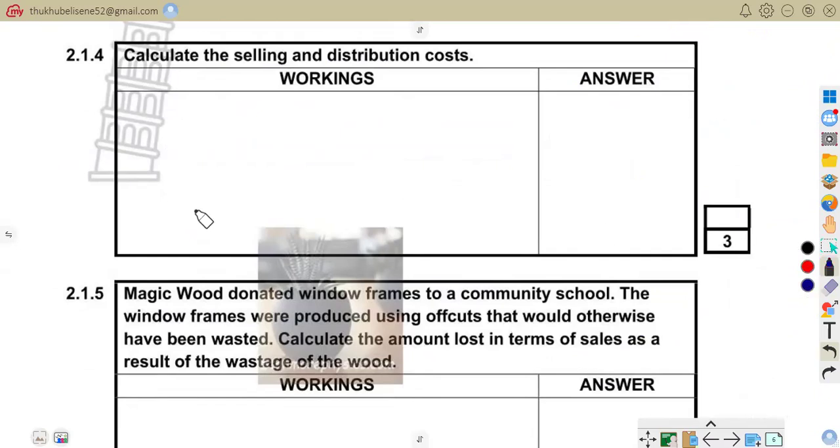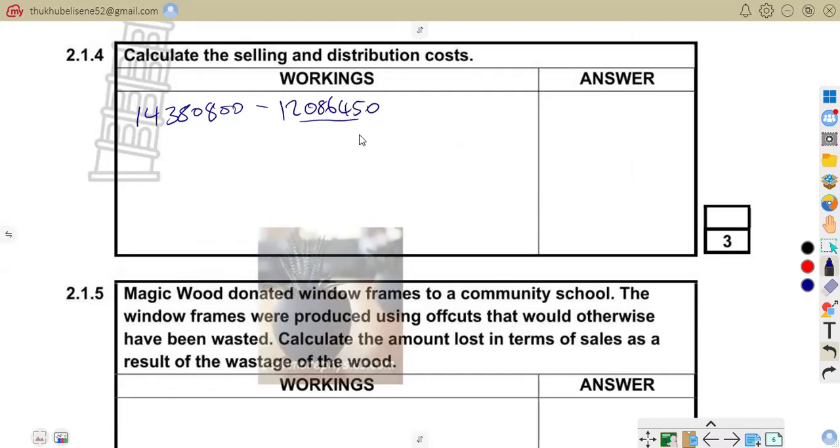So meaning we are going to say 14,380,800 minus our production cost. That is our prime cost, 12,086,450.